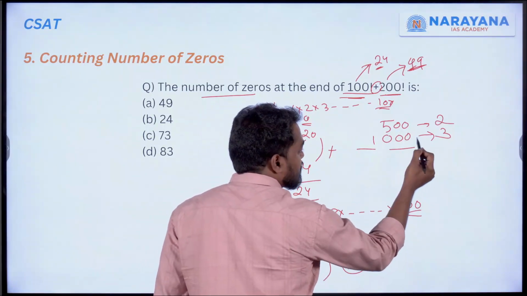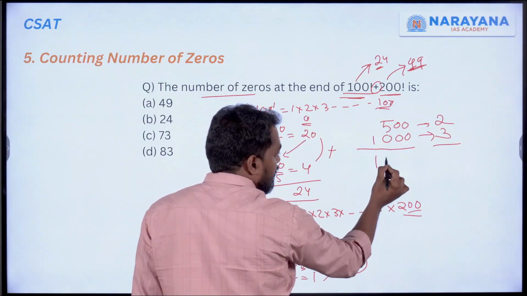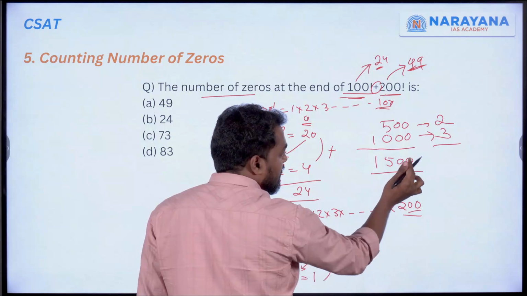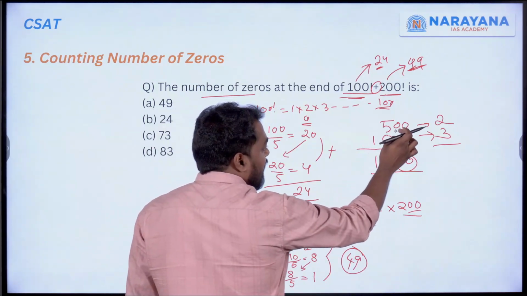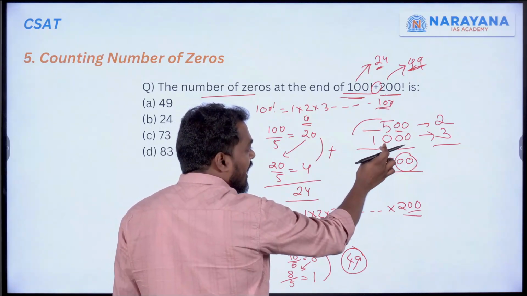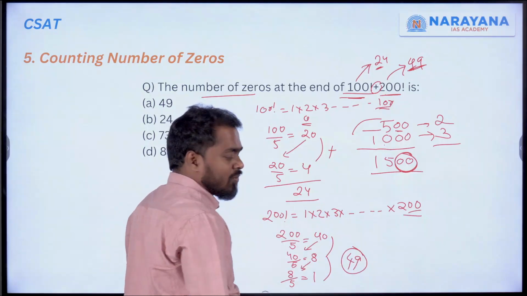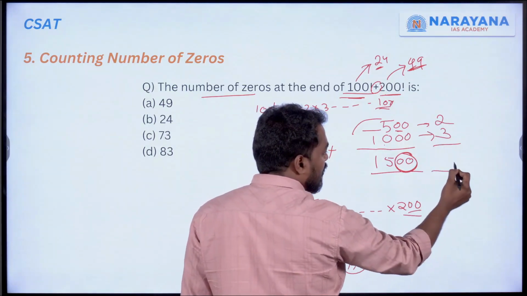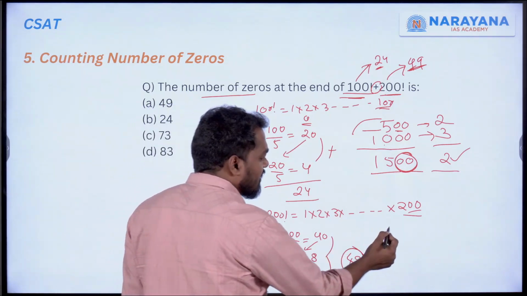If you add these two, you will get 1500. Still you are having 2 zeros only, because after those zeros there will be some other digits, so when you add, you will ultimately get the smaller count only. So out of 2 and 3 you are having 2 zeros only. Similarly, take any other example to check.